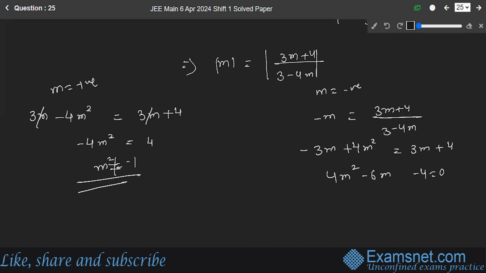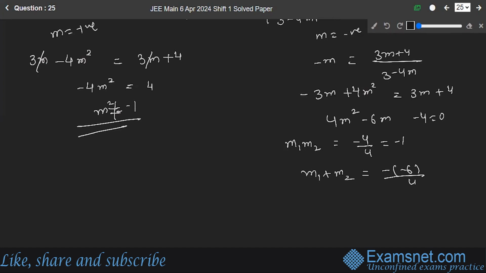So you know one thing, let's say the roots are m1 and m2. The product of the roots is given by c upon a, so this is minus 1, and the sum of the roots m1 and m2 is given by minus b upon a. So minus of minus 6 upon 4, that is equal to 3 by 2.